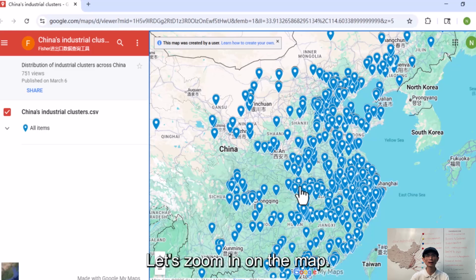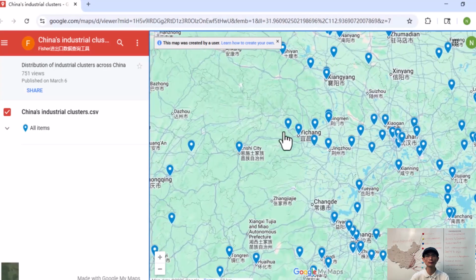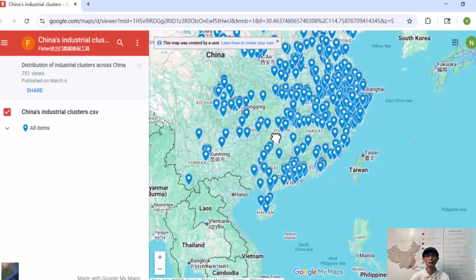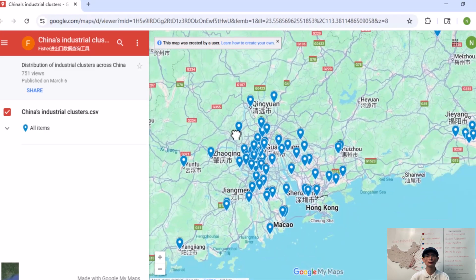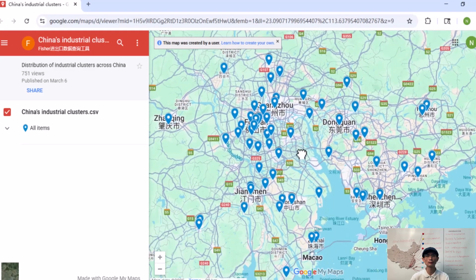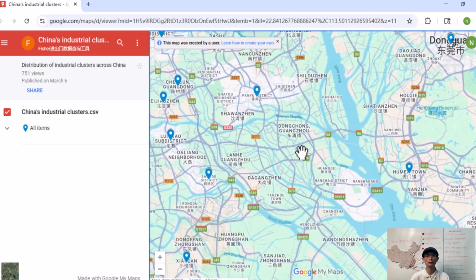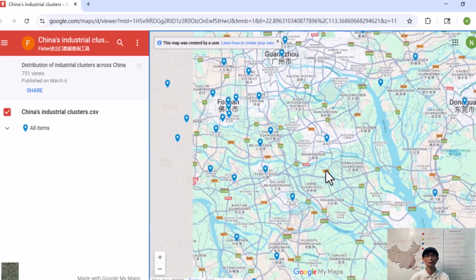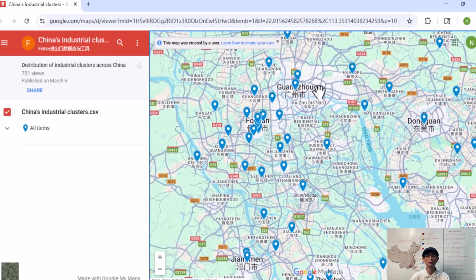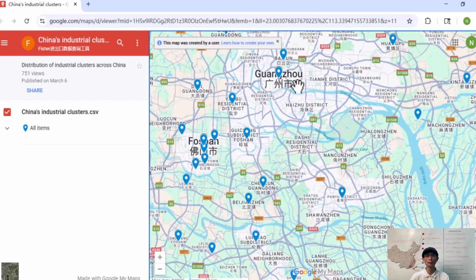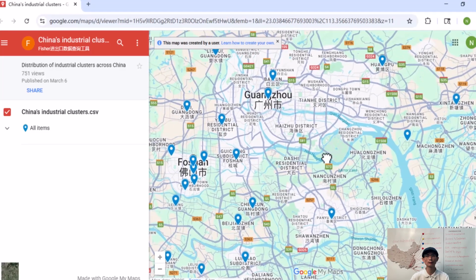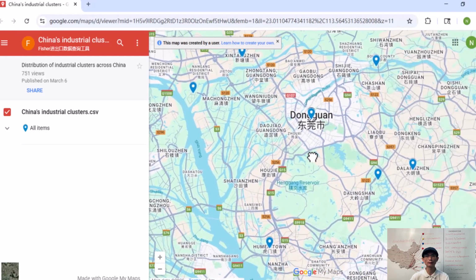Let's zoom in on the map. Guangzhou, Foshan, and Dongguan.